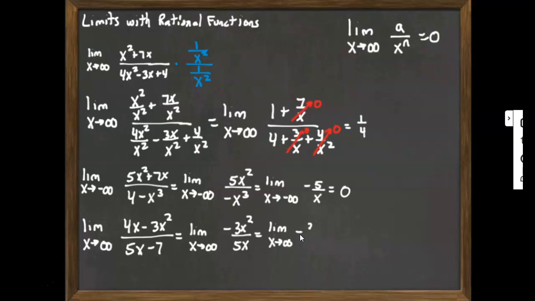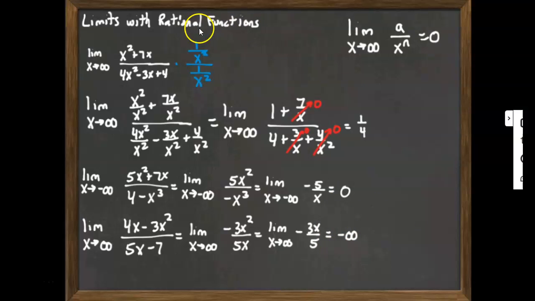The x will cancel out, and I get the limit as x goes to infinity of negative 3x over 5. And now as x goes to infinity, that's going to become infinity. And then times a negative 3/5 is just going to make it negative infinity. And so here we have a situation where we're approaching negative infinity.